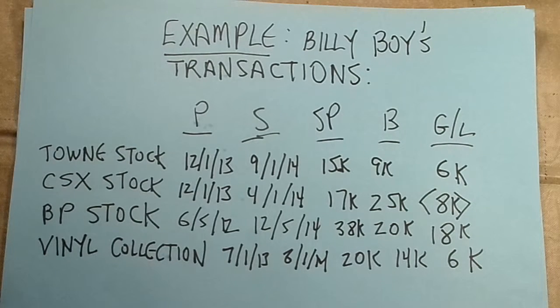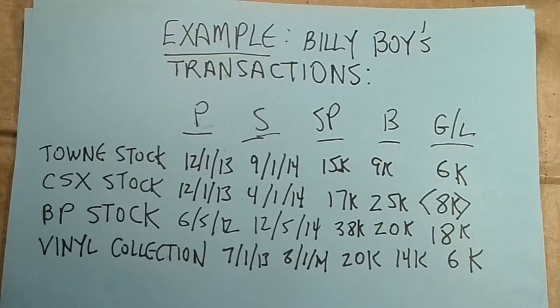Let me give you an example of how it might not be. If Billy Boy's father left him the stock on December 1st, 2013, and it was worth $9,000 then, but really his father bought it in 1990 or 1995 and maybe only paid $1,000, Billy Boy was allowed to do what's called a step up.